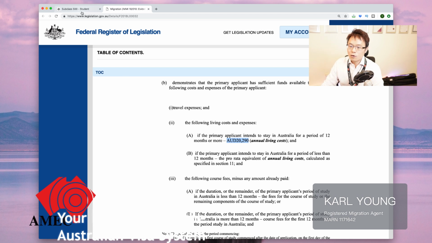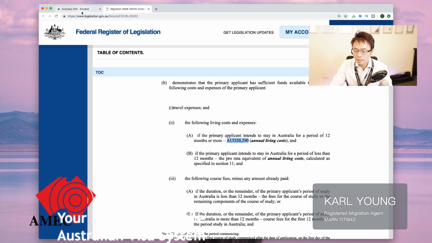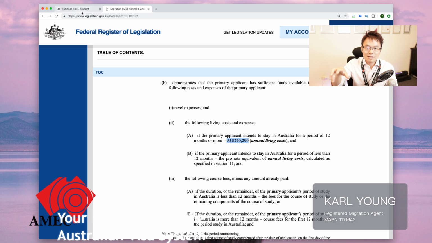If you are to apply for a student visa, you're required to show that you can survive and live, that you have enough funds to live for at least 12 months. For 12 months of living in Australia, the department has determined it will cost at least $20,290. So in your bank statement, you're required to show that you have that kind of fund in your visa application.